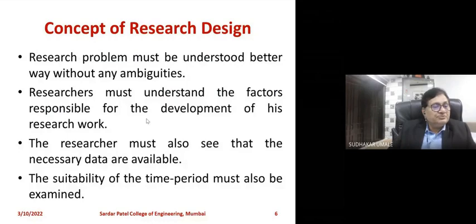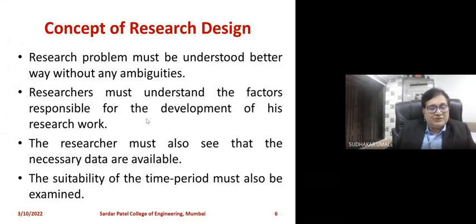Next, I will come to the concept of research design. You must understand first exactly what is the concept. It is the general plan of how you will go about your research. Just I am repeating again. Concept of research design is the general plan of how you will go about your research.